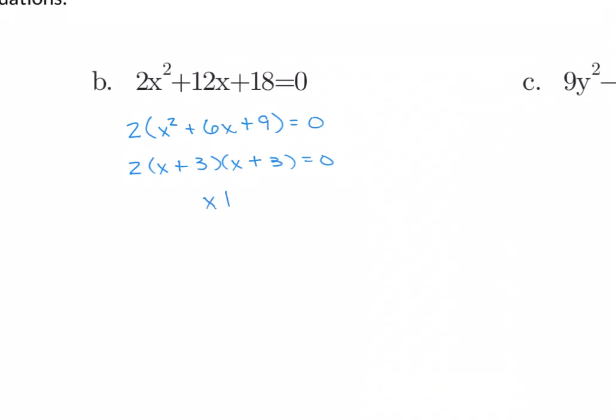Just like on the last problem, I only have to do this once, since it is a repeated factor. So I'm just going to set x plus 3 equal to 0. I can subtract 3 from both sides, and we get x equals -3. That is our one solution.